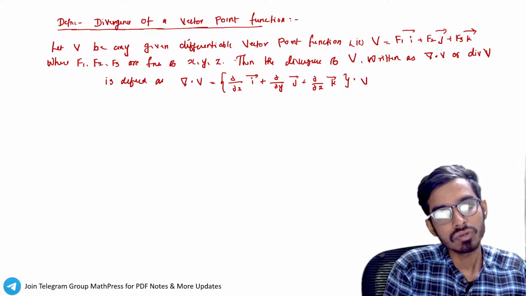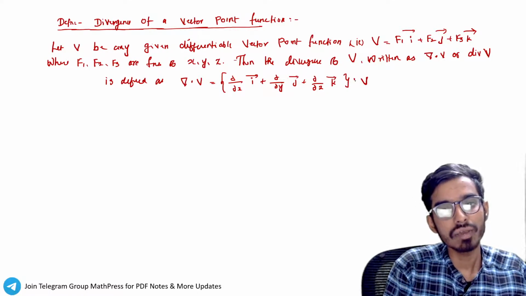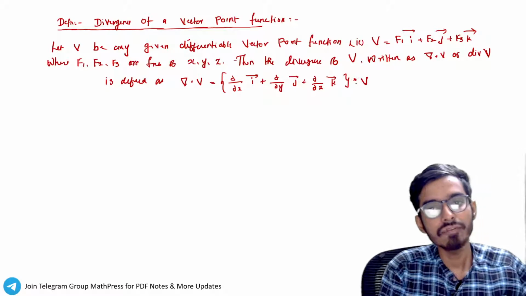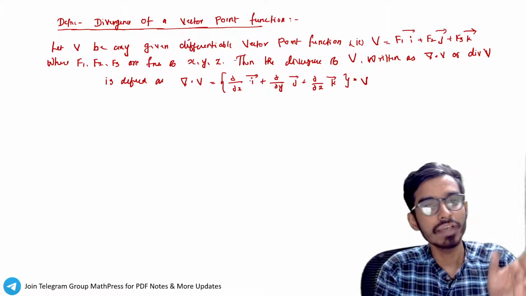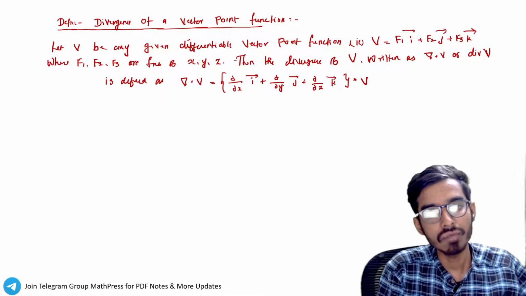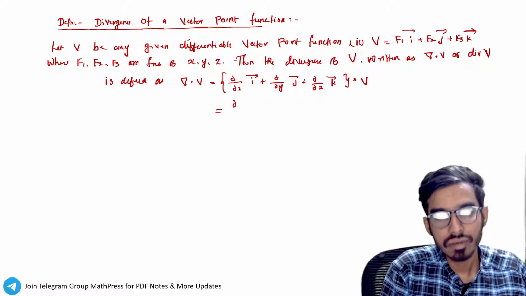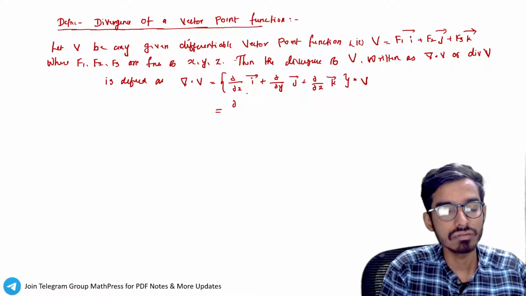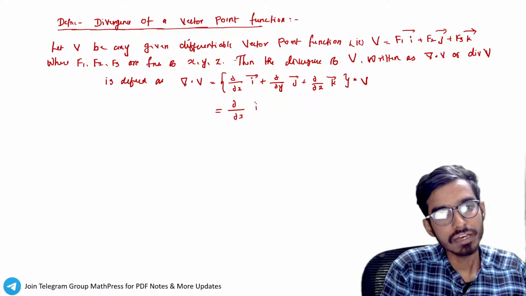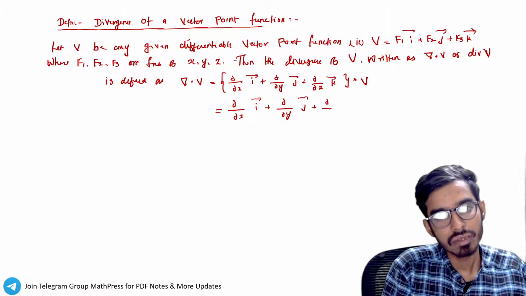Suppose instead of dot v we had f, we would have dou f by dou x and so on, the gradient. But here we have dot v. This is the del operator: dou by dou x of i vector, dou by dou y of j vector, dou by dou z of k vector, dotted with v.